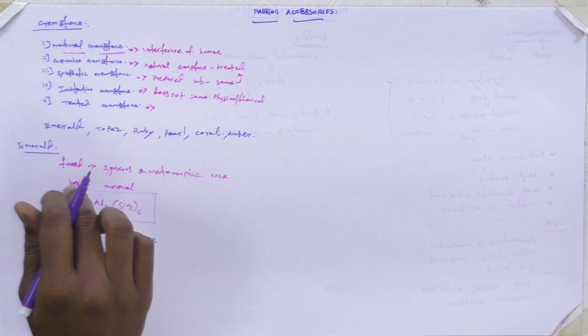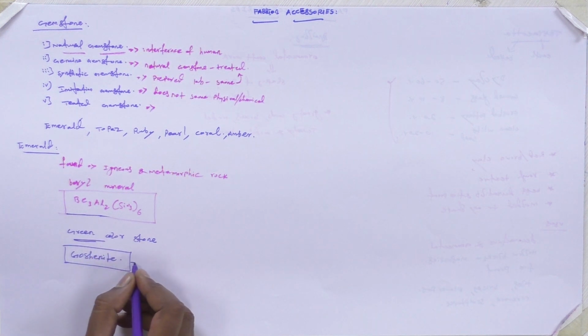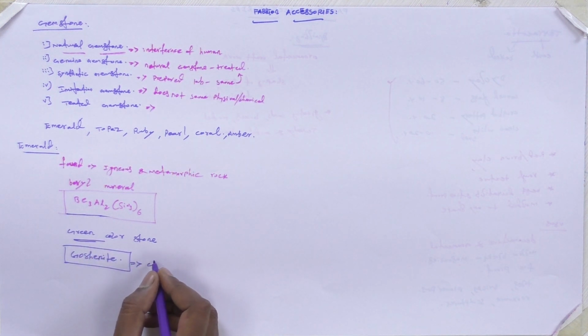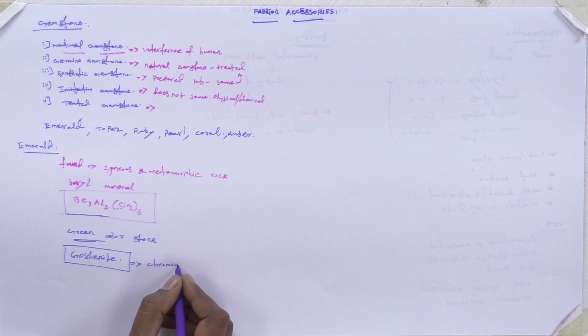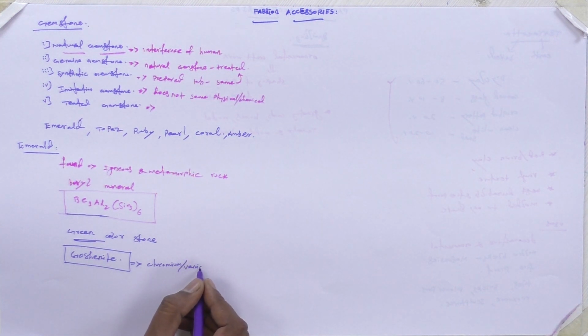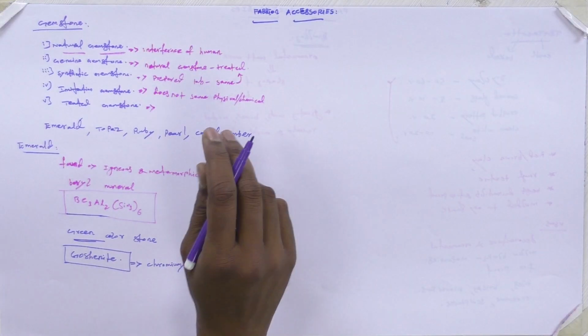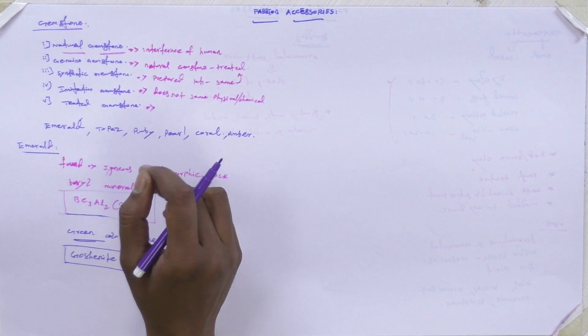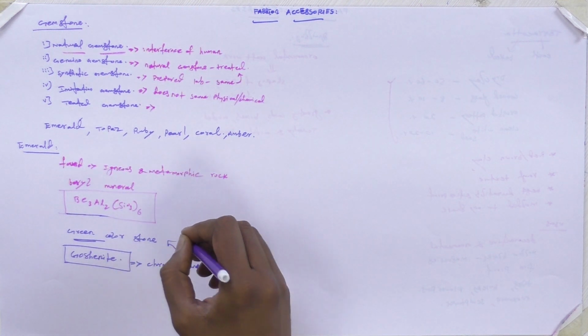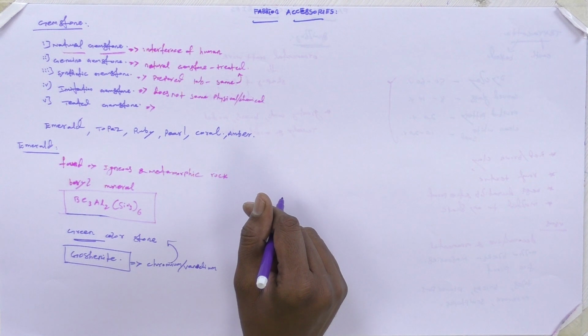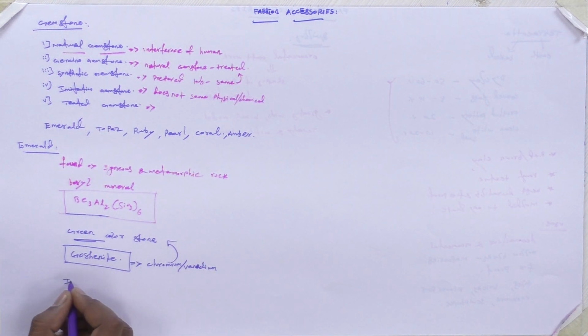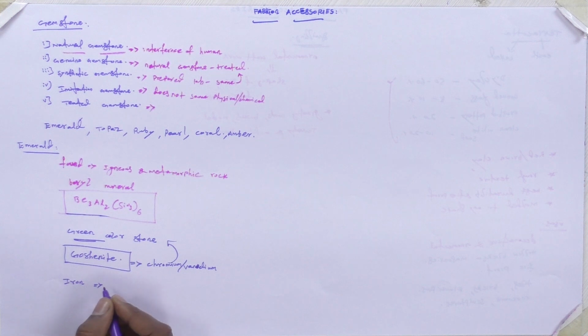But how do we get the green color? We add some chromium or vanadium. We add a small amount of chromium and vanadium into the natural stone, and we get green color. Suppose it is treated with iron, we get a bluish green color.